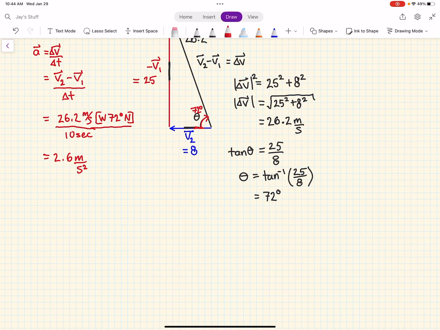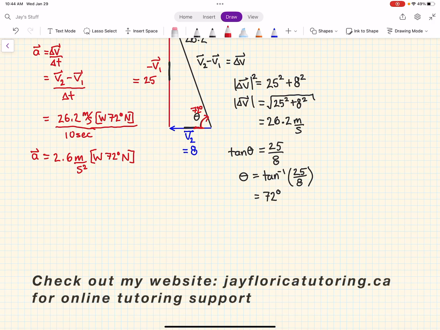So if we go back over here, our final answer is that same direction, because all we did was divide it by time. Time is a scalar, it's just a number, so it doesn't change our direction. So the average acceleration in this question is 2.6 meters per second squared, west 72 degrees north.